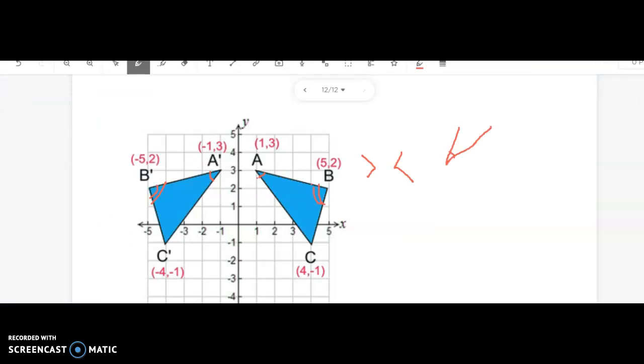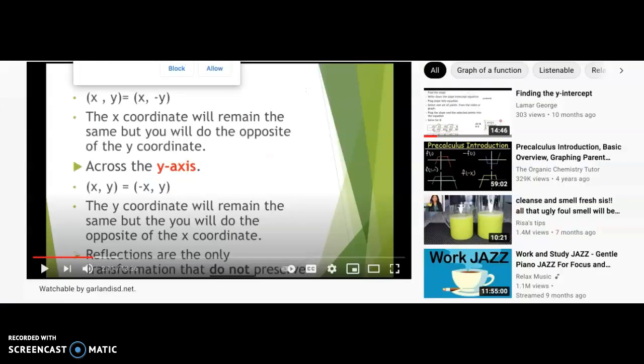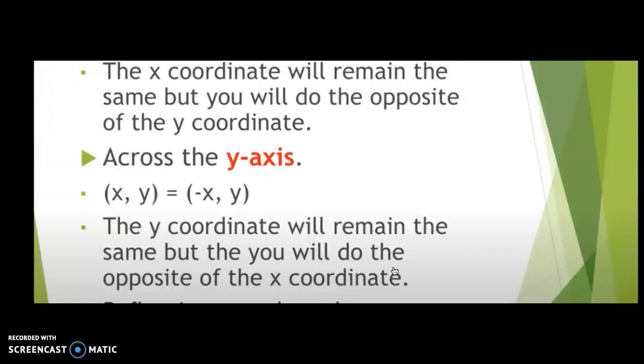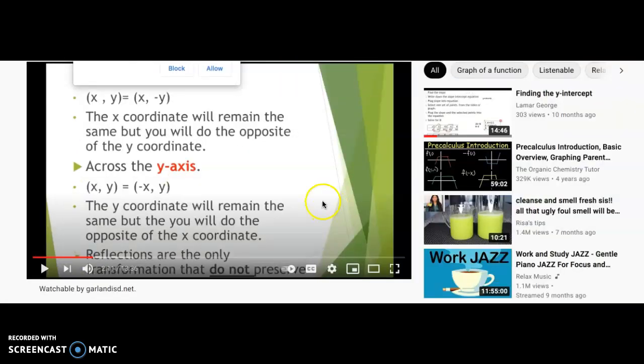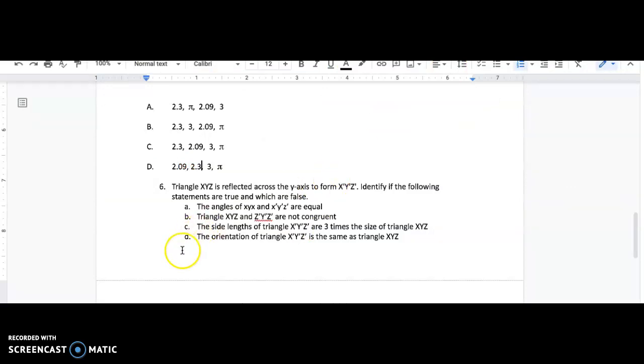If you all remember in class, and it's actually on my YouTube video as well, which is the same notes that I did in class, it says reflections are the only transformation that do not preserve orientation. So the orientation of XYZ prime is the same? That is false as well.